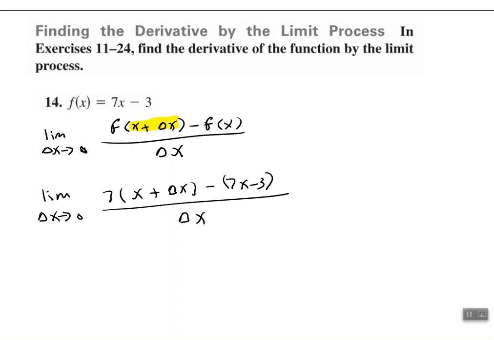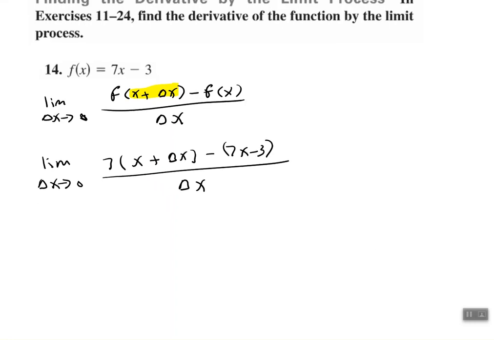So I just substituted in there for those function values, and now I'm just going to simplify. All right, so distribute, distribute, distribute. So let's distribute that 7, and gives us 7x plus 7 times delta x, and distribute the negative.